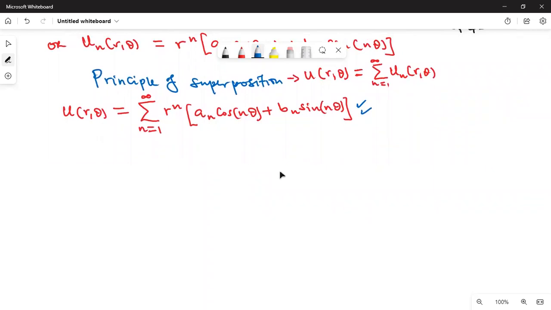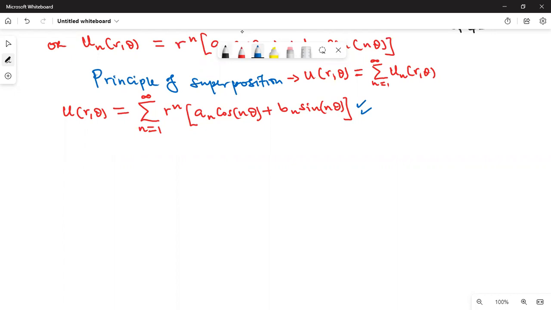But you see, usually there is that value corresponding to n equals 0. So we can cater for that in this equation even before we apply the boundary condition. What we're going to do is to ensure that we account for the case where n is 0.